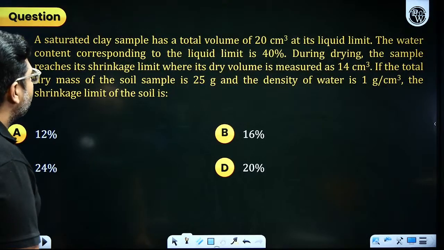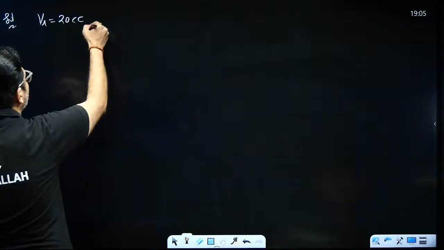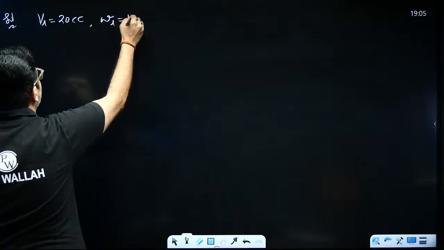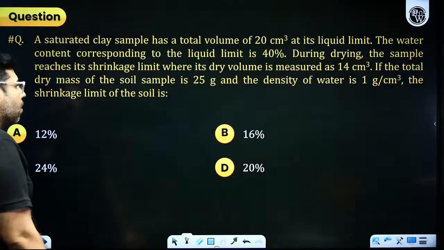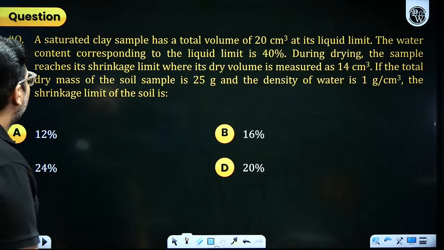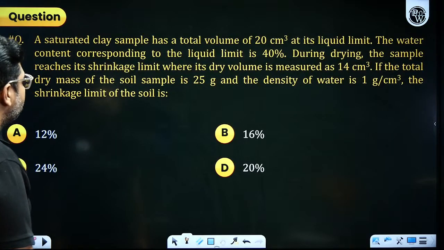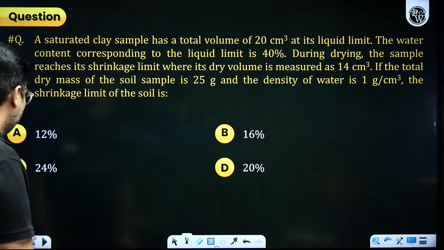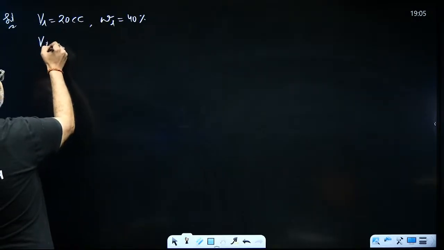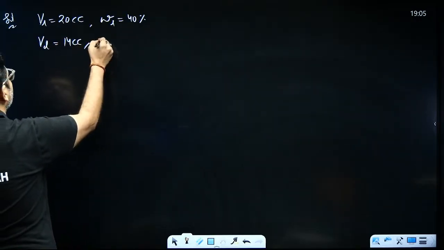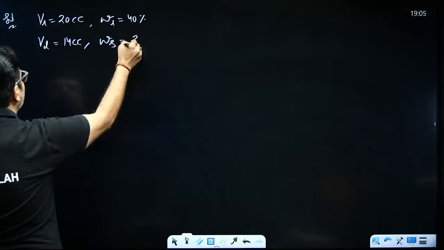The water content corresponding to the liquid limit is 40%. So, WL is given to me, that is 40%. During drying, the sample reaches its shrinkage limit, and its dry volume VD becomes 14 cc, and the shrinkage limit I need to find out.